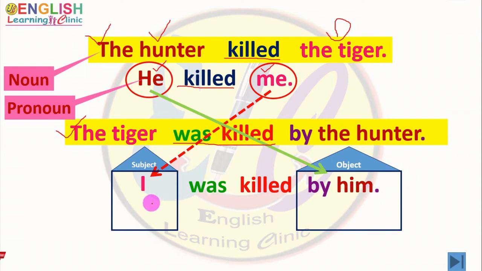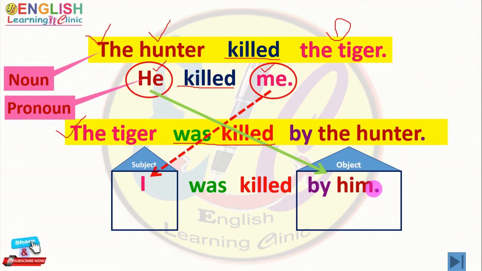Look at this. When the object pronoun goes to the subject position, it takes its subjective form, and when the pronoun subject goes to the object position, it takes its objective form. So the subjective form of the pronoun he is he and the objective form is him.